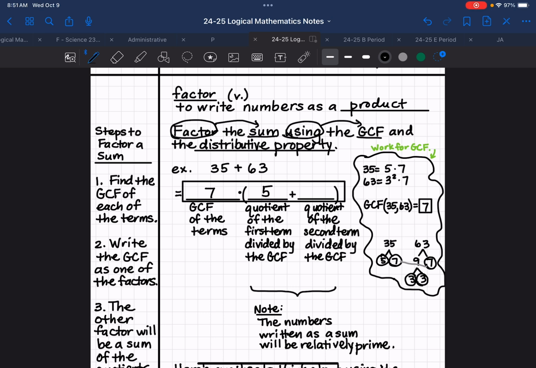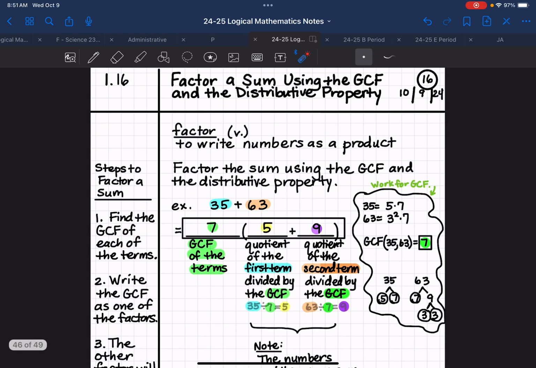And then what's 63 divided by 7? Well, that's 3 times 3, which makes 9. So that number is going to be right here. And then if you were to do a quick check, you would see that 7 times 5 is 35, and 7 times 9 is equal to 63. So that works out there.